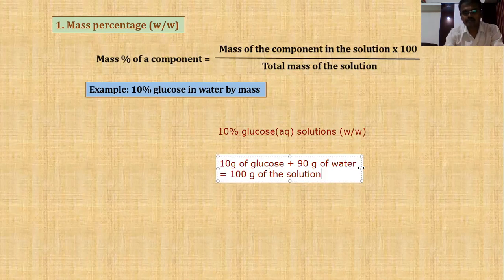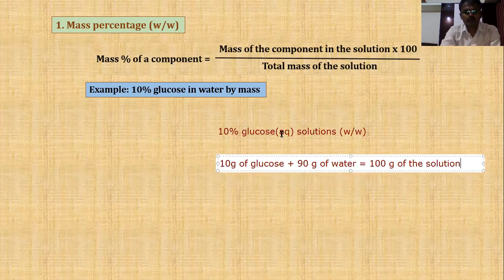Right? 10% glucose aqueous solution weight by weight, or 10% glucose solution in water weight by weight, or 10% glucose in water by mass. The meaning of all that is 10 grams of glucose dissolved in 90 grams of water, so that you get 100 grams of the solution. That is the meaning of that, right?